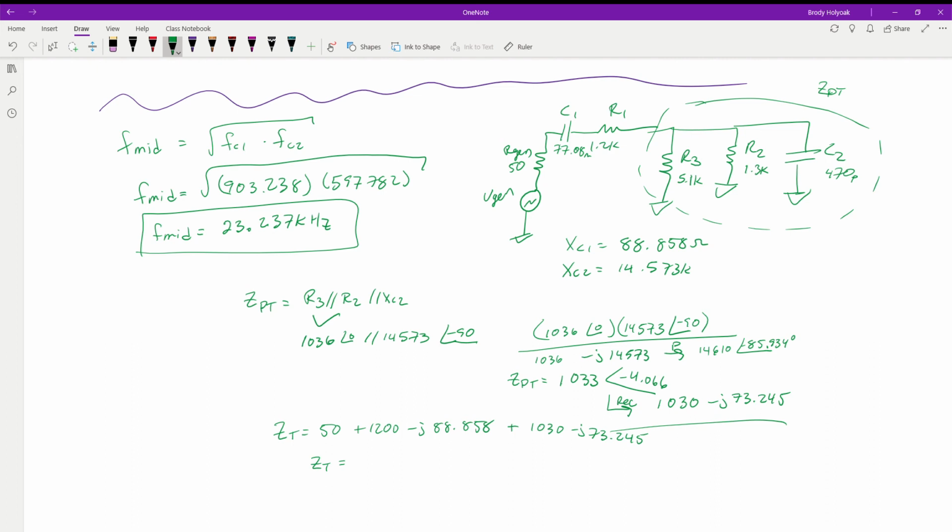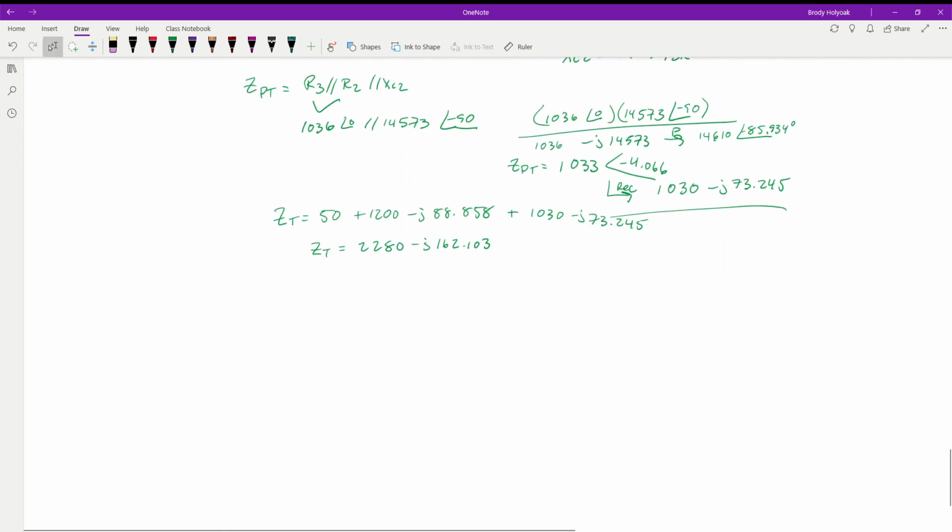50 plus 1200 plus 1030 is 2280. And then we have an 88.858 for our J's. We're going to add that to 73.245, and that gives us a combined total of minus J 162.103.